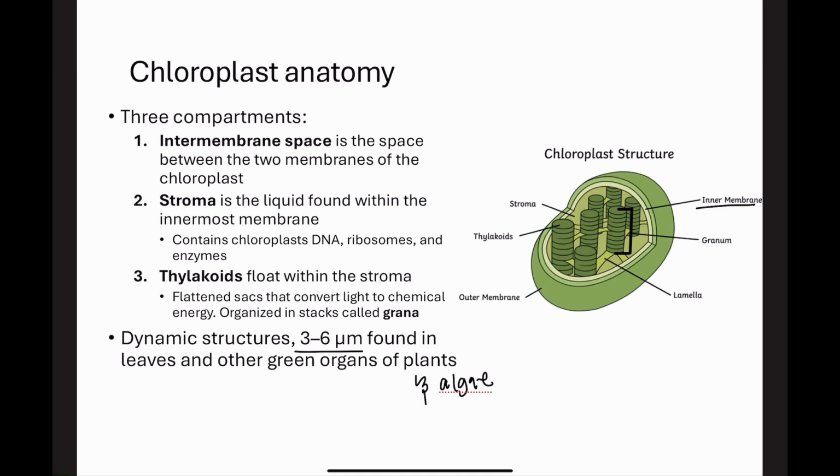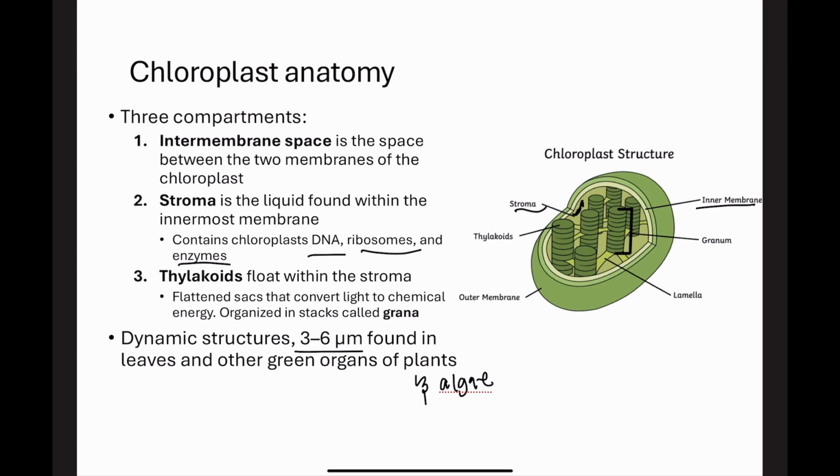So when we're looking inside of the innermost membrane, we have a fluid-filled space that's called the stroma. So this lightish greenish color, that is the stroma. And the stroma contains the chloroplast's DNA, ribosomes, and enzymes. And suspended inside of the stroma are thylakoids.